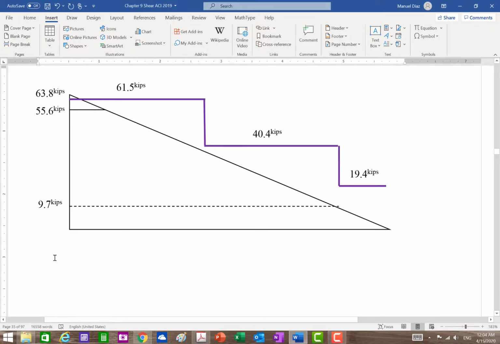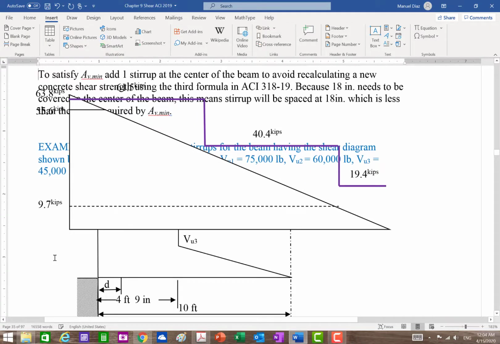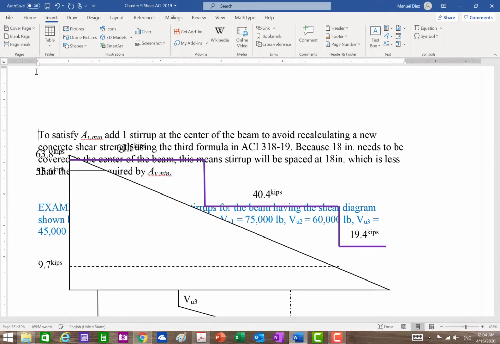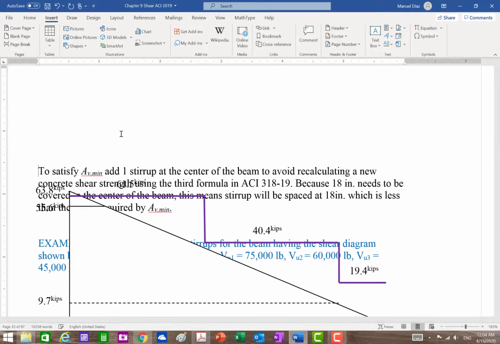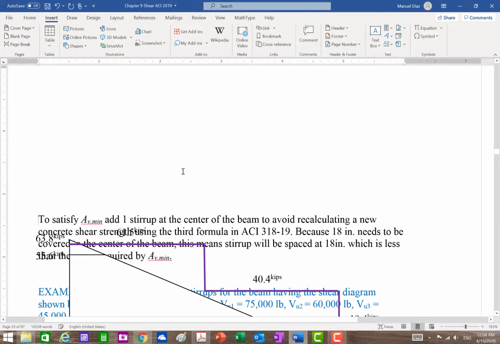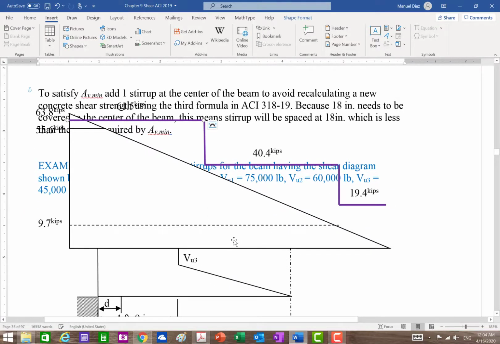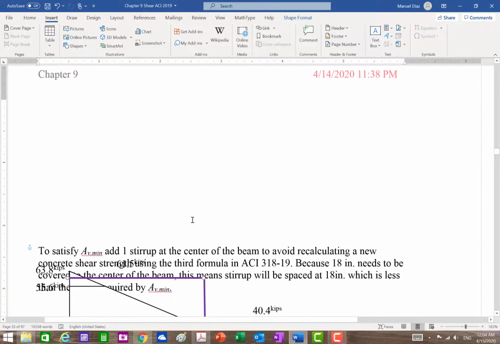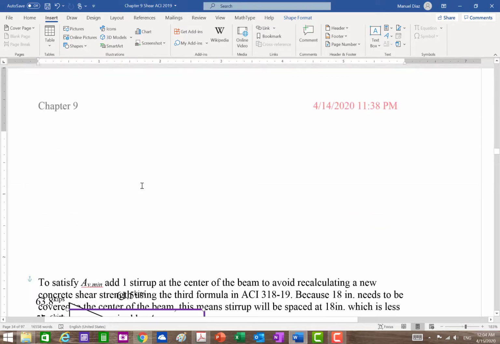What is that AV minimum? So that's my AV minimum I need to satisfy. Uh-oh. I messed it up. So, okay, I'll fix it before posting.